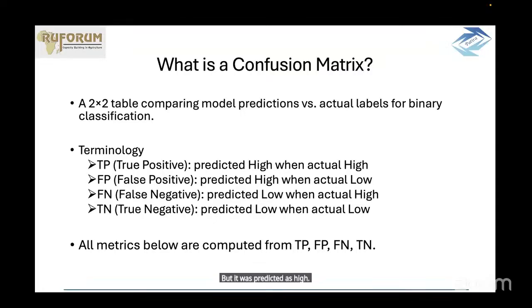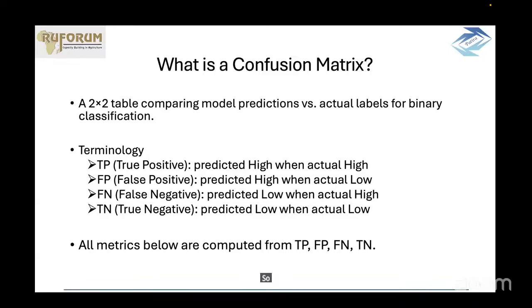So that's your false negative. And then true negative is when the actual, the historical data that Peace used for predicting, was low, and the predicted was low. These four terms always confuse people.